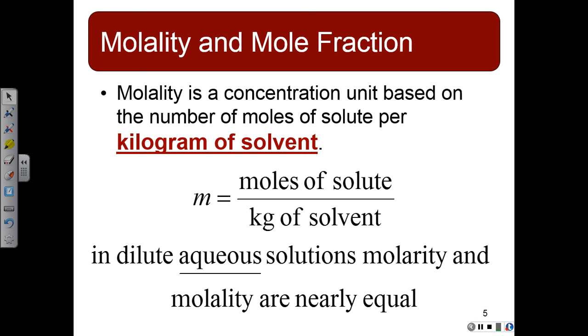It comes in handy when you have a solvent that comes through the mail, or you order it from a chemical company, especially our big drums. A lot of times they'll just give the mass of that huge drum or the solvent, and so it's kilograms here instead of liters. So the difference in molality is the denominator.